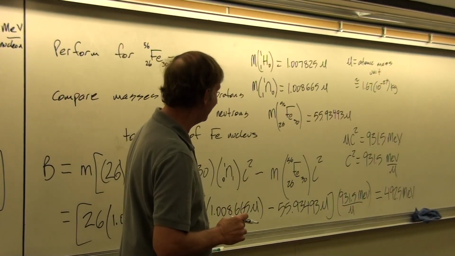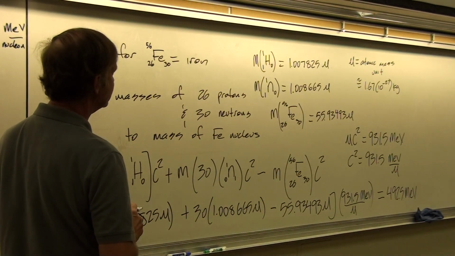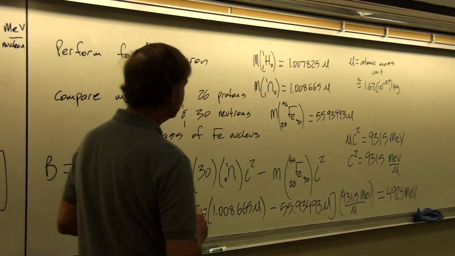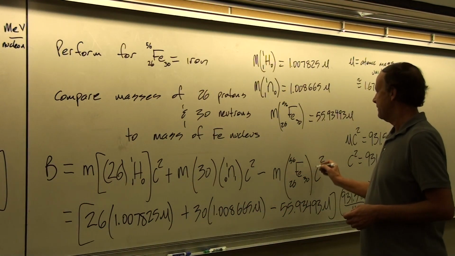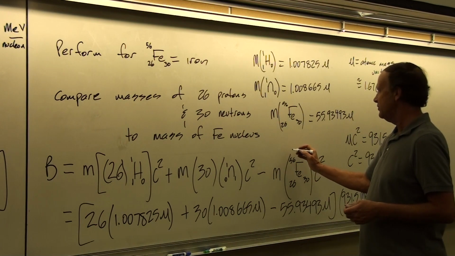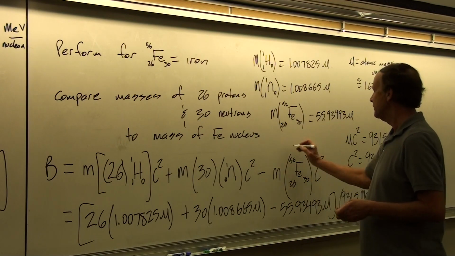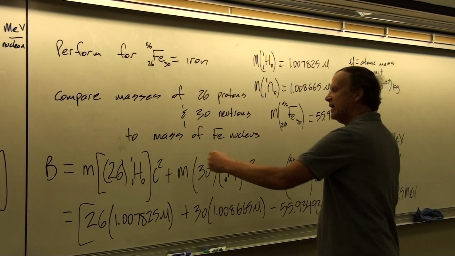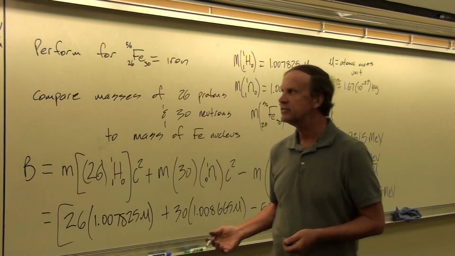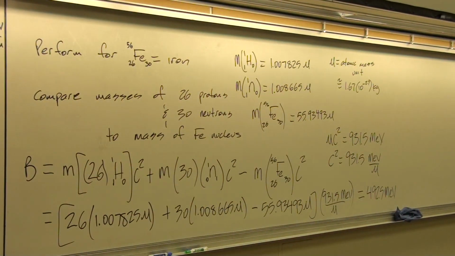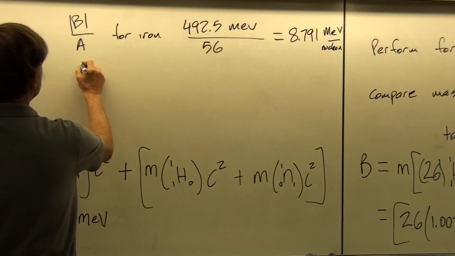So what will happen then, as we start trying to fuse even heavier elements than iron, is that the mass of the iron nucleus here, as we start increasing this to elements that are beyond iron, will cause the binding energy to go negative. Okay? And so, in other words, long story short, iron is the most stable element.